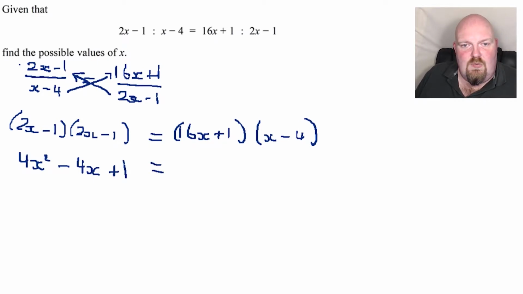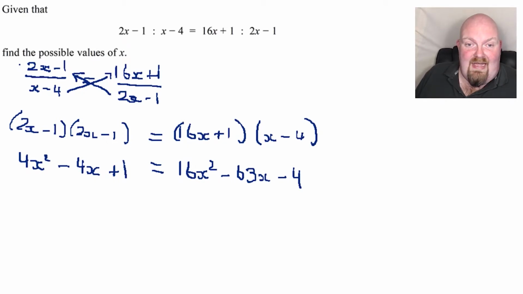And that is equal to 16x times x is 16x squared. Positive 1x minus 64x is negative 63x. And positive 1 times negative 4 is negative 4. Okay? Now I have a quadratic.